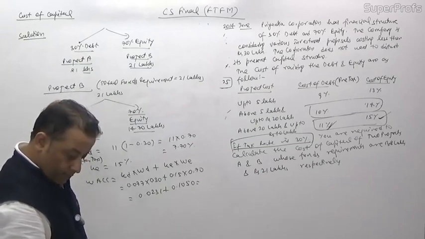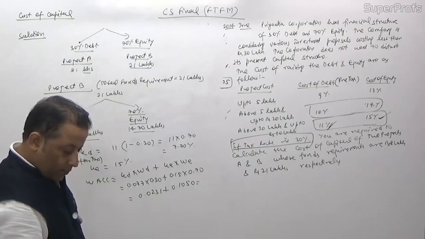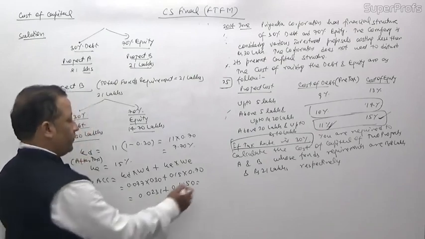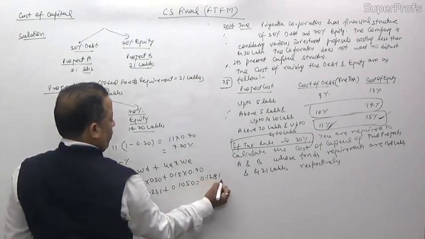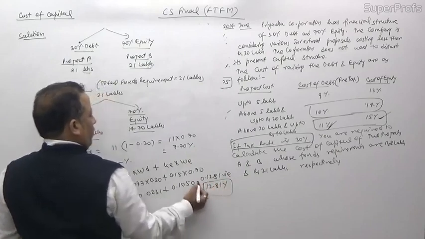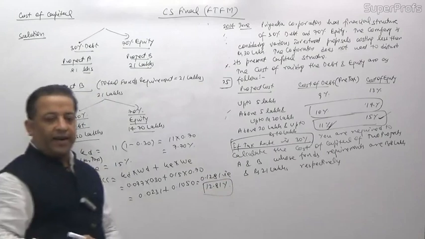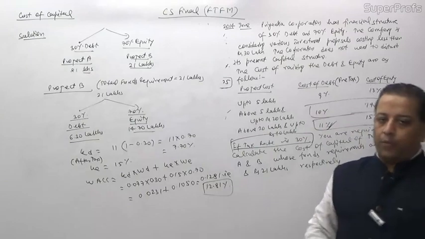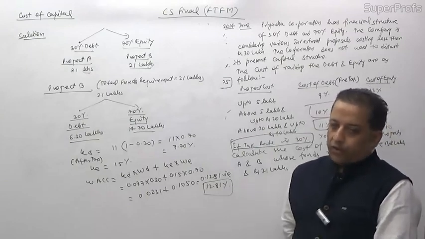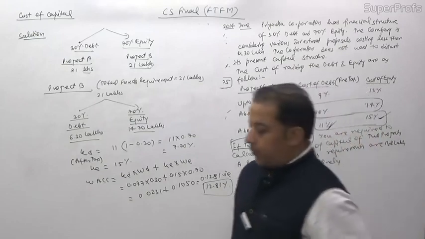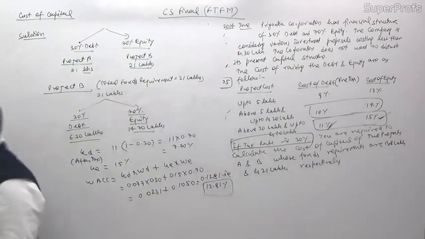That gives 0.0231 plus 0.1050, which is 0.1281, that is 12.81%. 12.81% is the weighted average cost of capital of project B. So please note down this portion.